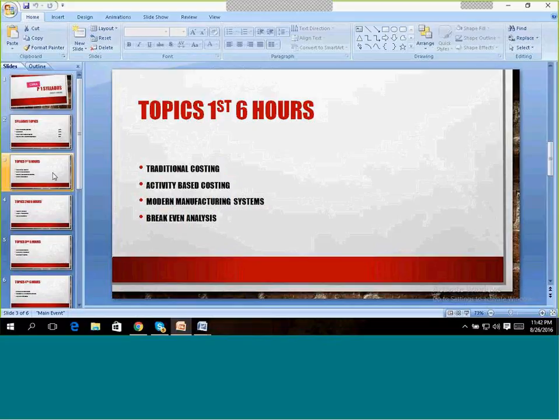For example, look at the rent you pay for a warehouse: whether you store 100,000 units or 1,000 units, the rent will be the same. But after 100,000, you want a bigger warehouse, and then the rent will vary. So between 1,000 and 100,000, it remains the same. Whether you produce 1,000 or 100,000, it does not matter.